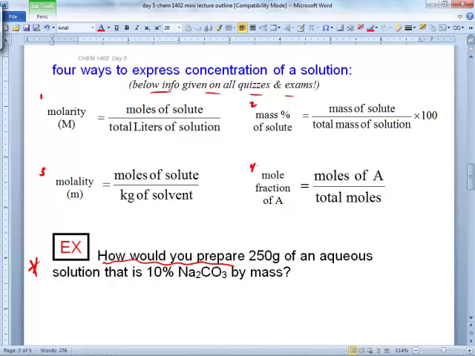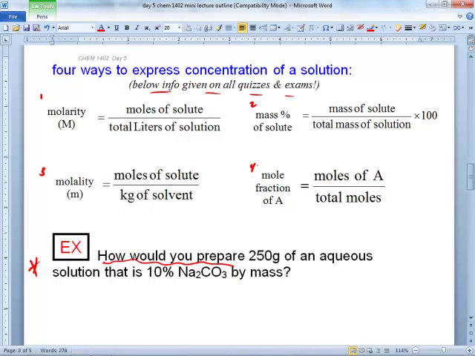Which equation best applies? What would you say? Don't worry about the how would you prepare part.